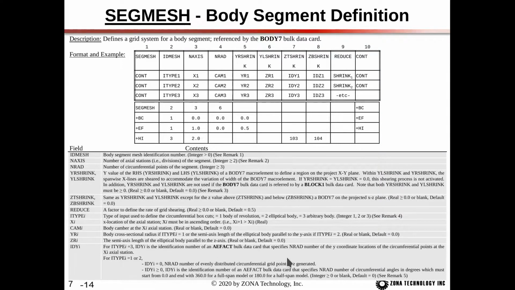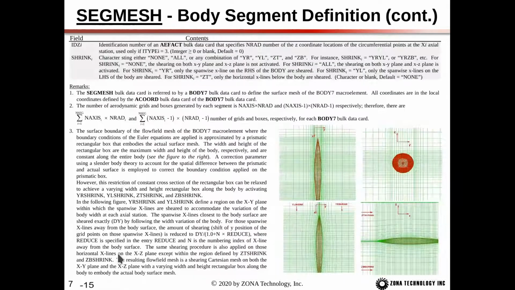Now moving back to arbitrary body, IDY simply refers to an AE-FAT card, which lists the y coordinates of the NRAD number of points at that X station. And then IDZ refers to the AE-FAT card that specifies the Z coordinate locations when you have an arbitrary type of body.